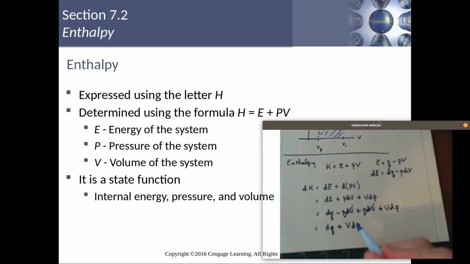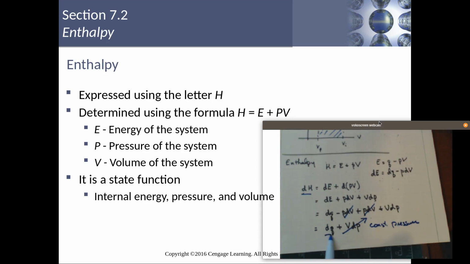So under the conditions of constant pressure, dH, the enthalpy, is equal to the change in the heat. So this is really a change in the heat of the system at constant pressure. And that's of course something that's observable.